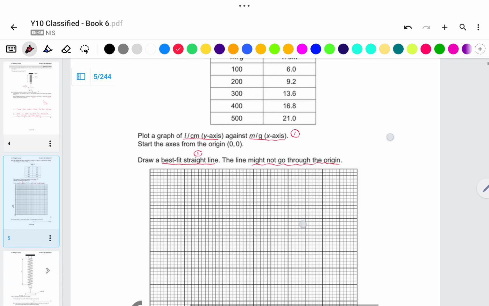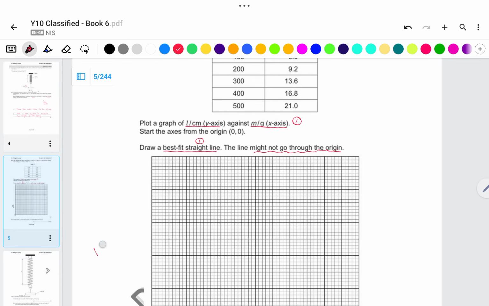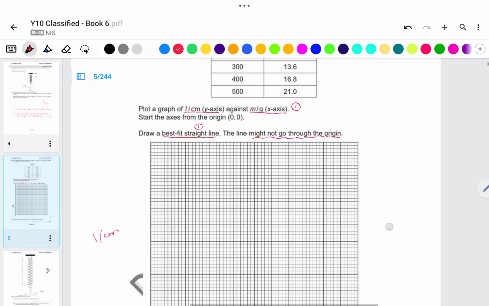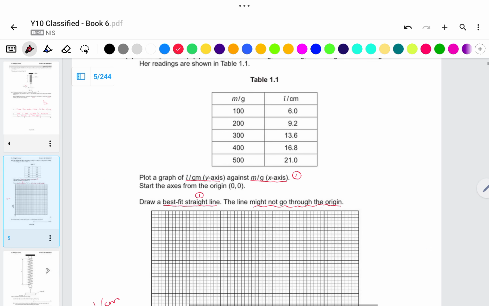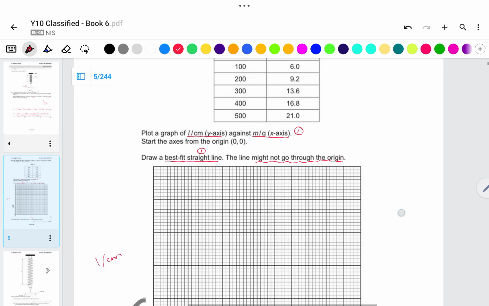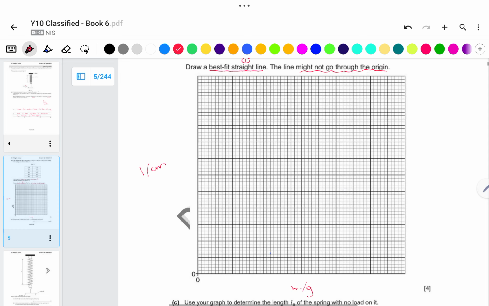Now let's do that. On the y-axis, they said L in centimeters, and on the x-axis, m in grams. Now my next task is to know how to divide them. For the y-axis, I have from 6 to 21. But of course, I have to start at 0,0, so I will have to break these down. I need to count the squares.